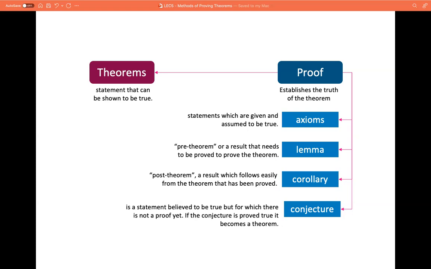A conjecture is proposed to be a true statement, usually on the basis of some partial evidence, a heuristic argument, or some intuition of an expert. If we can prove that this conjecture is true, then it becomes a theorem. However, many times conjectures are shown to be false, so they are not theorems.